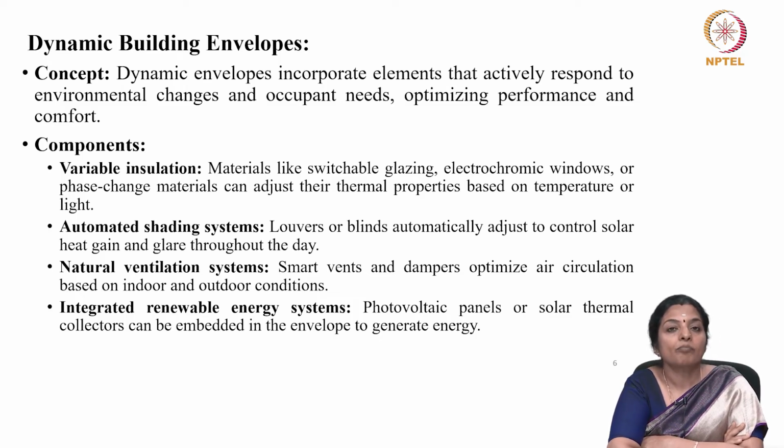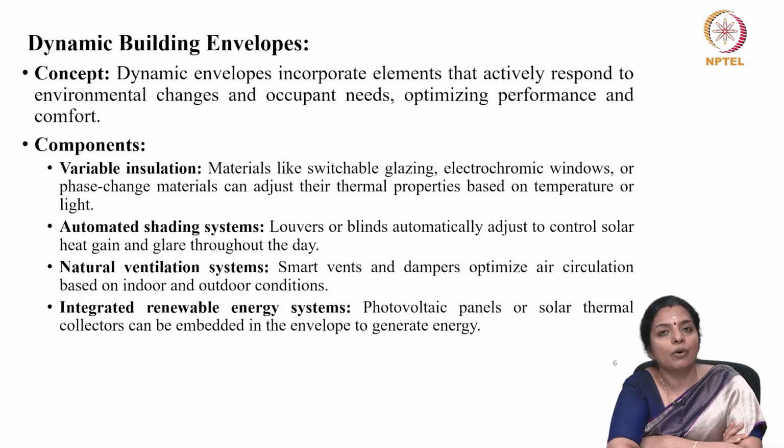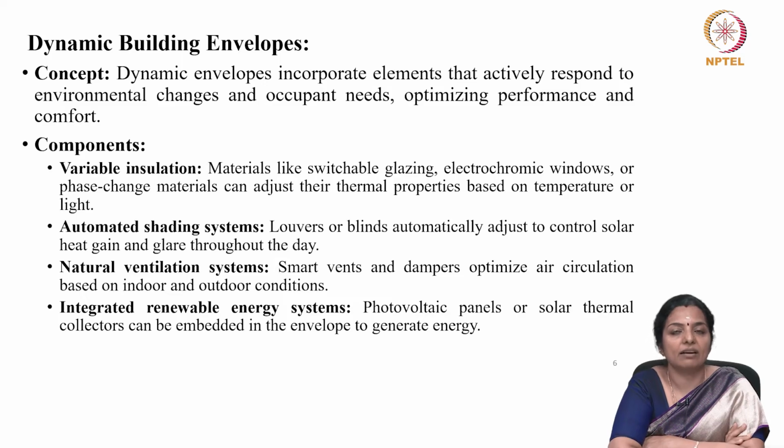That is, you can have photovoltaic panels or solar thermal collectors embedded on the building envelope itself. When solar radiation falls on the envelope, it traps the solar energy and you get renewable energy for the building. So, the envelope acts like it has life.